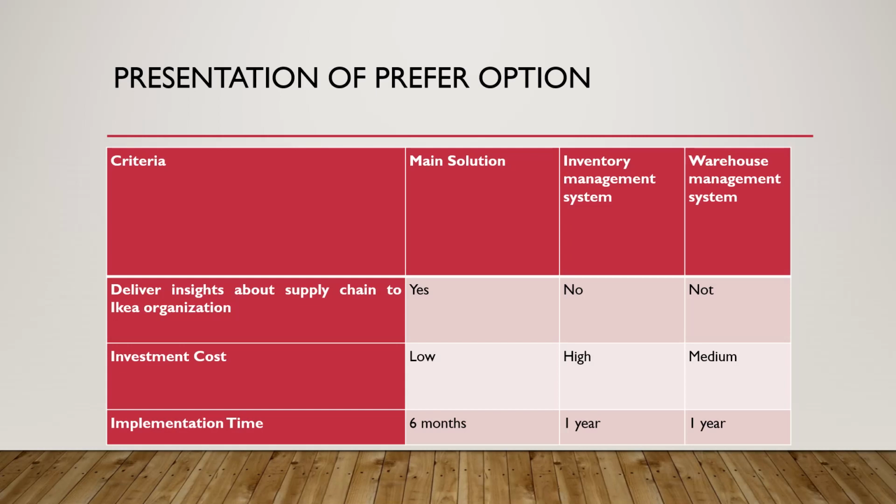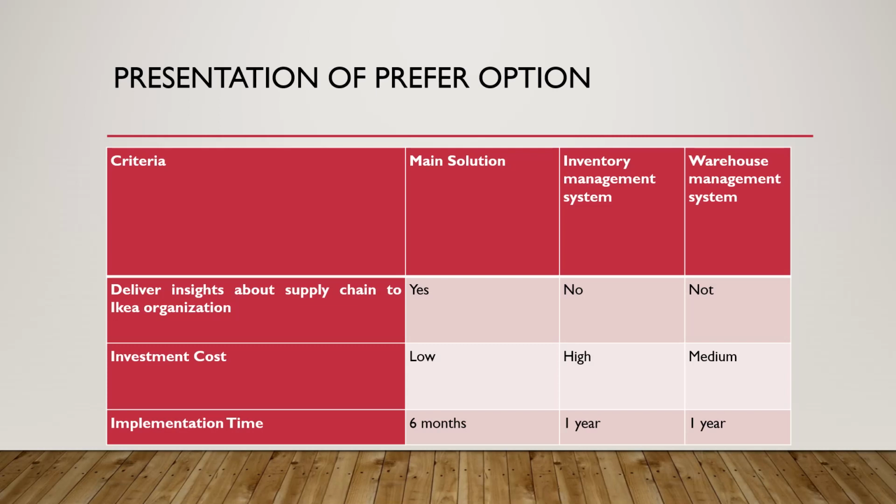Now, I would like to compare the various options being considered for implementation in the organization on the basis of some criteria. The criteria we have selected for this comparison are delivering insights about the supply chain to the IKEA organization, the investment cost, and the implementation time. These criteria have been selected because they help ensure that the implementation of the new system is based on the business requirements.